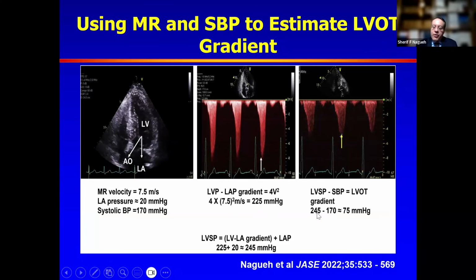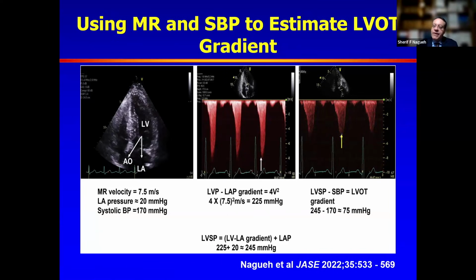And now we go in a different direction, the direction of the LV outflow tract, and we say the difference between the peak LV systolic pressure and the systolic blood pressure is equal to the gradient. We established the systolic pressure through that simple calculation at 245. That's the pressure in the ventricle. Systolic blood pressure is 170, and so the difference between them is 75 millimeters mercury, which means that the peak velocity of the LVOT flow signal should be somewhere between 4 and 4.5 meters per second.